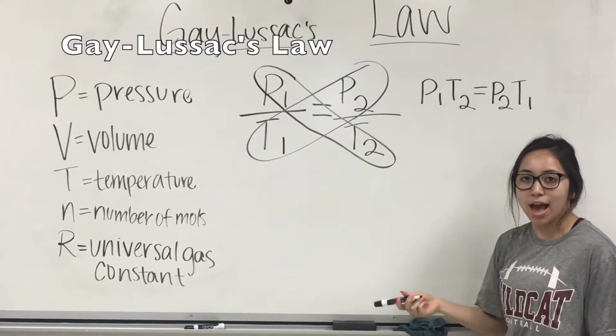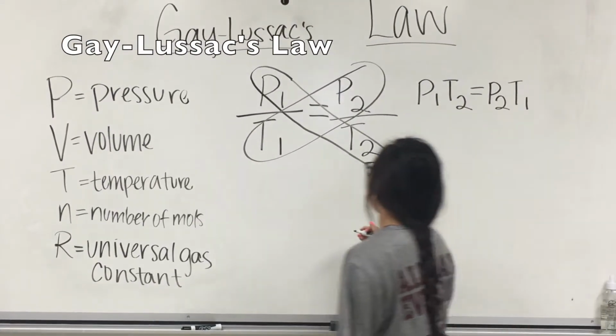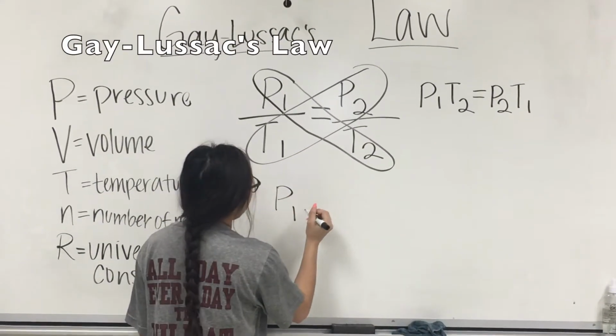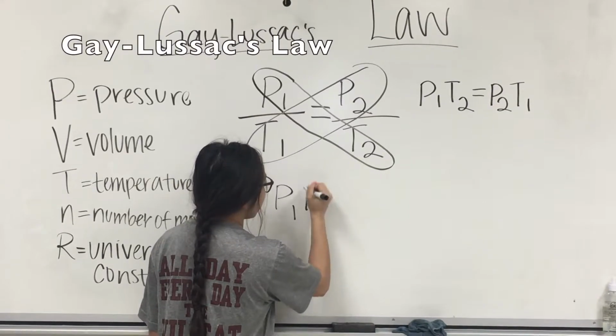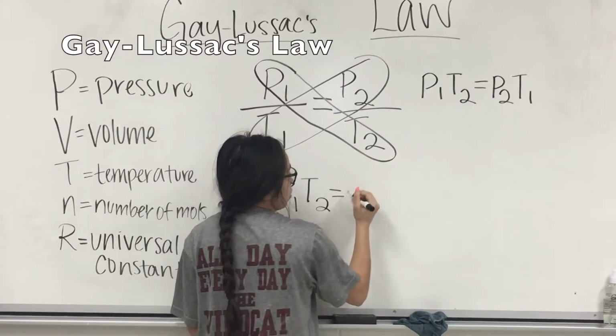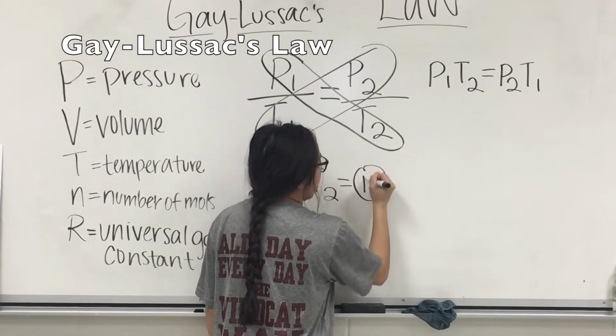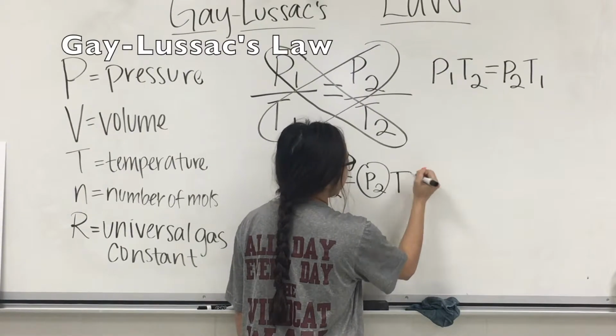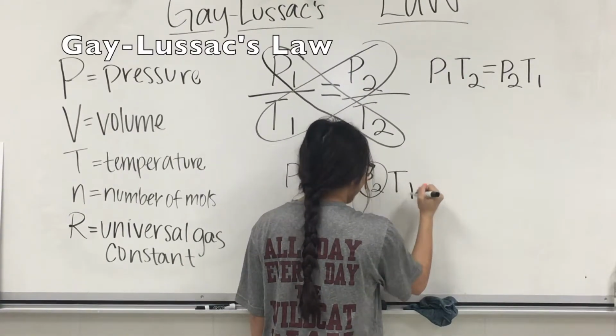Now, say you have an equation where they give you your initial pressure and your final temperature, and you're trying to find your final pressure, and they give you your initial temperature.